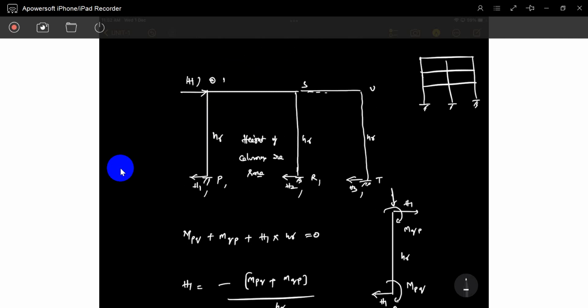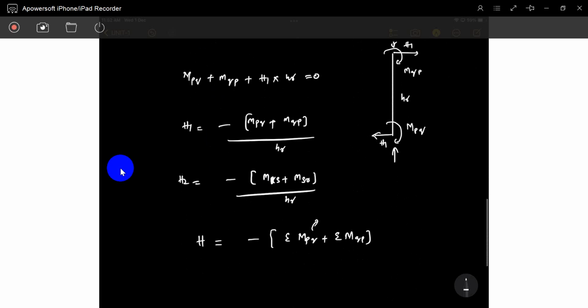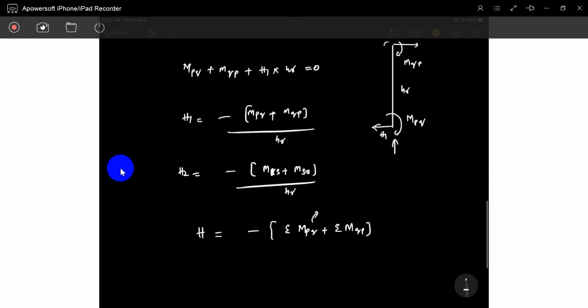These are the final end moments, not rotational contributions. Understood?